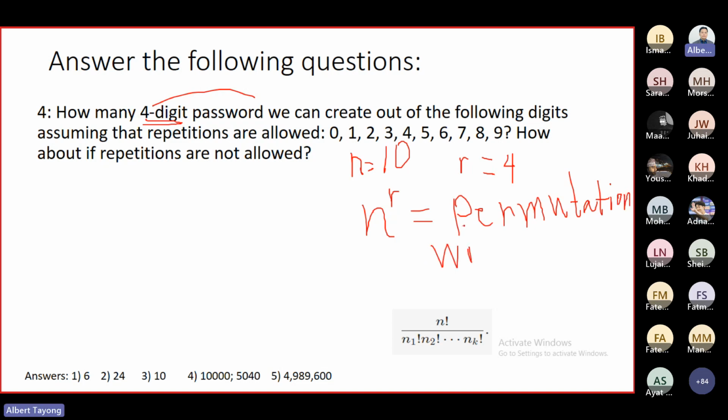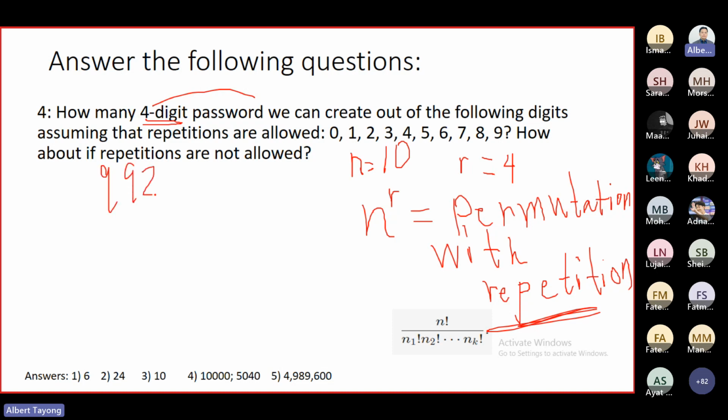Okay, because you're allowed to repeat, like the password used by NBO, Bank Muscat, your ID number in Majan. These are permutations with repetition. We can repeat. An example of this is 9921.